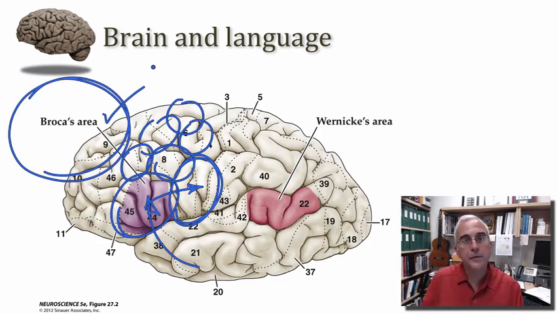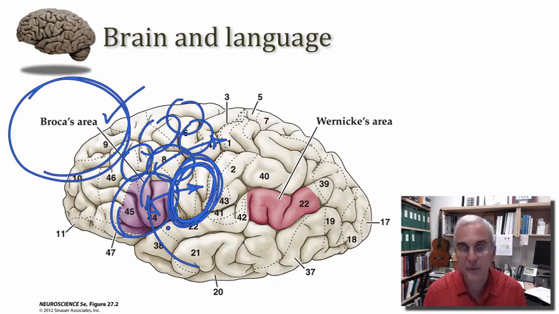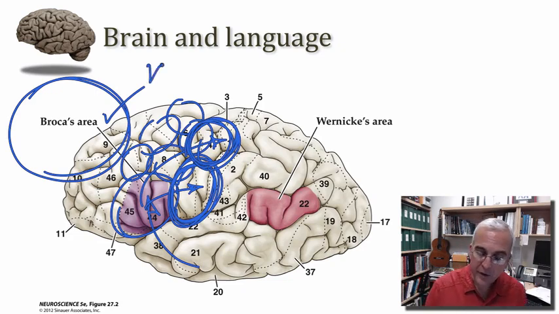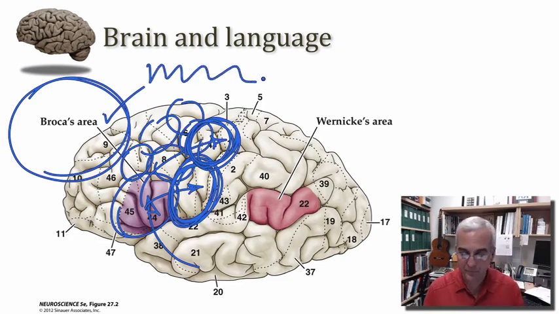But it's not just for vocal articulation. Broca's area also seems to be involved with the production of written language, which would have it affiliating with not just the lateral segment of the precentral gyrus, but also the middle segment of the precentral gyrus that governs the movements of the distal upper extremities, the part of our body that we use to write with.